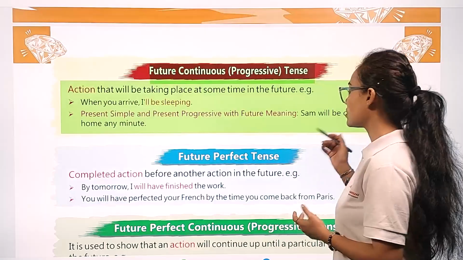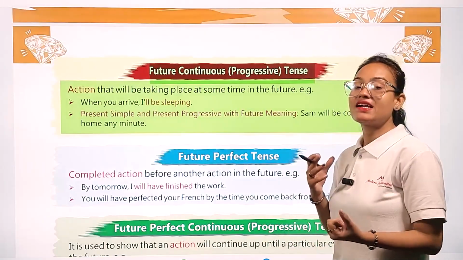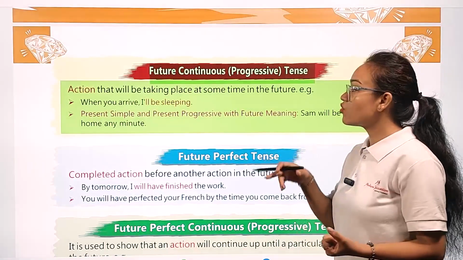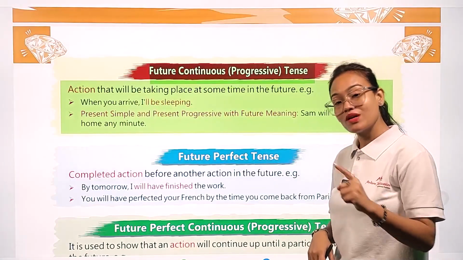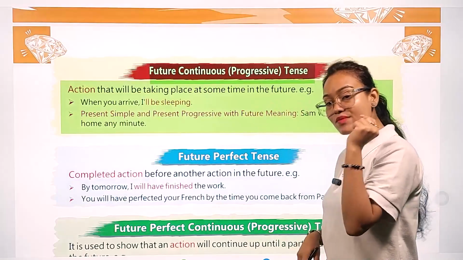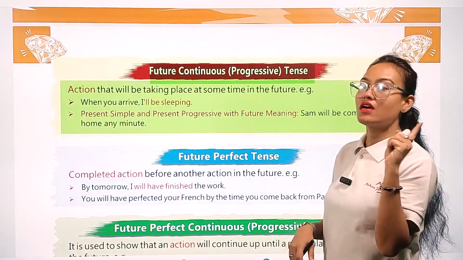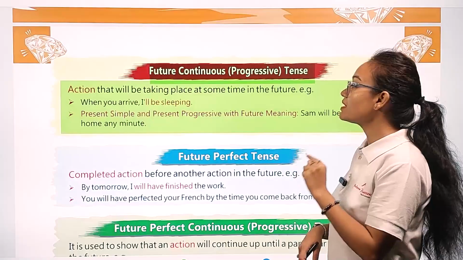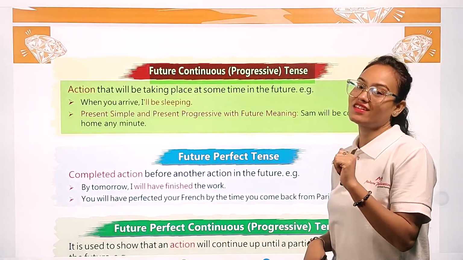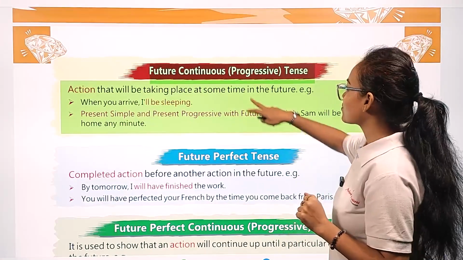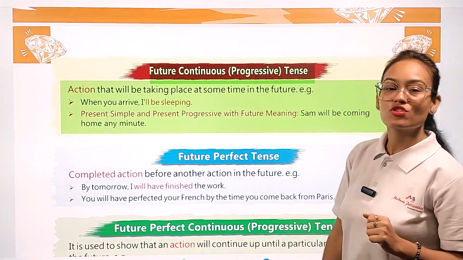In this sentence you can easily identify: coming means he didn't come right now, but he is coming. So this coming is showing future, but this any minute is showing present. So this is all about our future continuous or progressive tense.